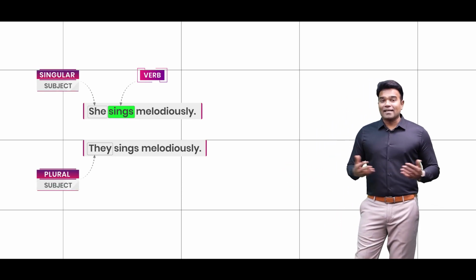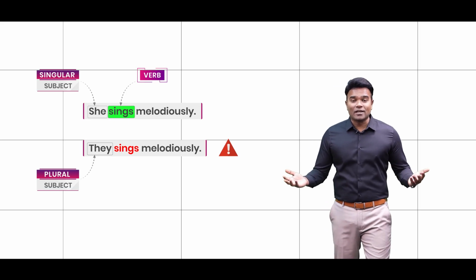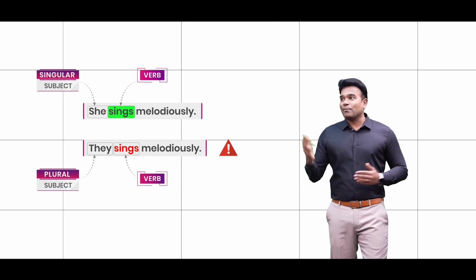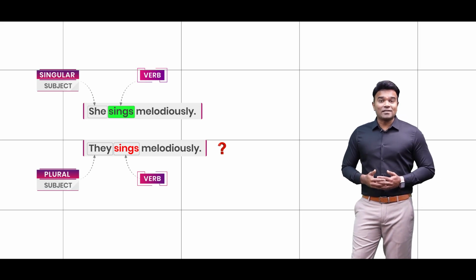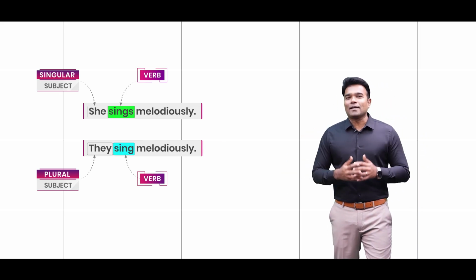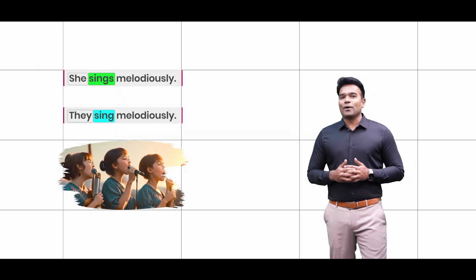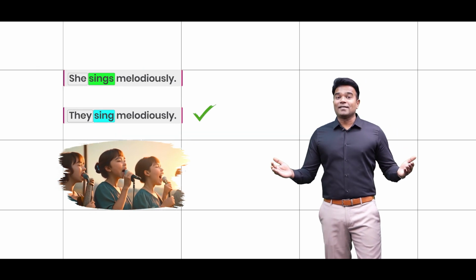But then the sentence is invalid. They sings melodiously is invalid. In other words, you need to bring a corresponding change in the verb as well. And if this sentence has to be valid, then you need to change the verb sings to sing. Only then does they sing melodiously become a valid, grammatically correct English sentence.